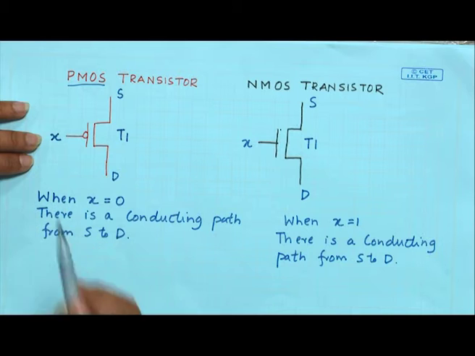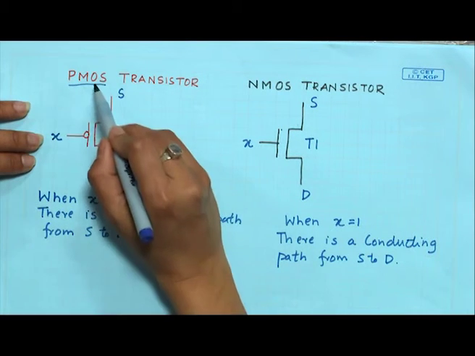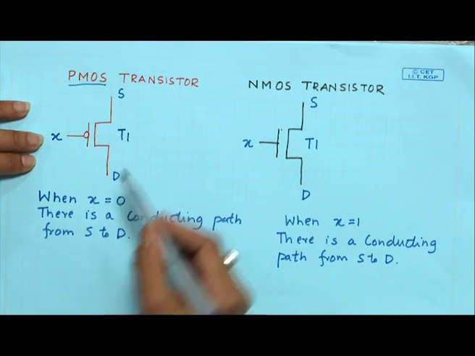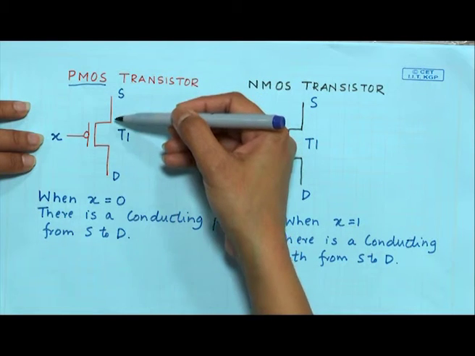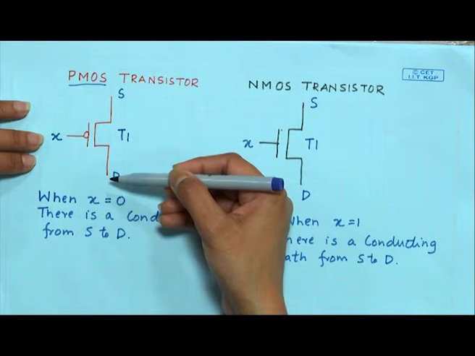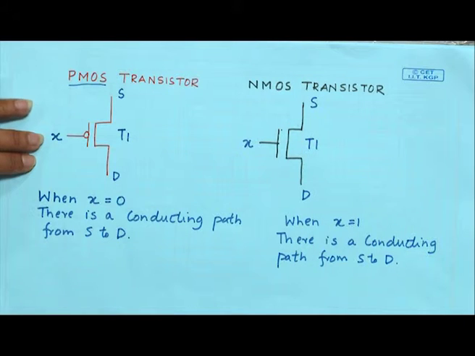If the X input is 0 for a PMOS transistor, there is a conducting path from S to D. So, T1 is on.